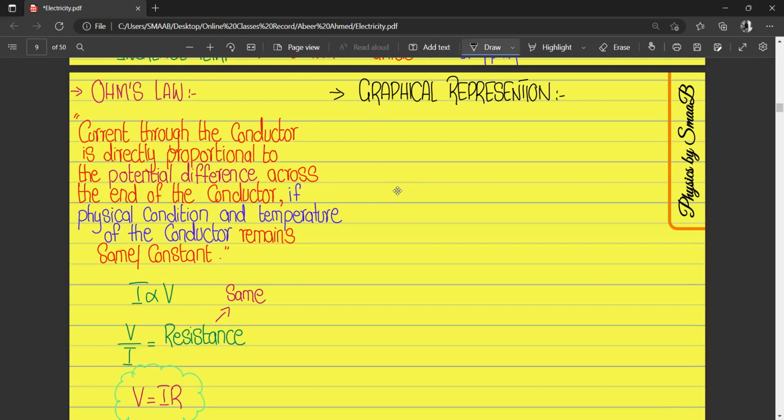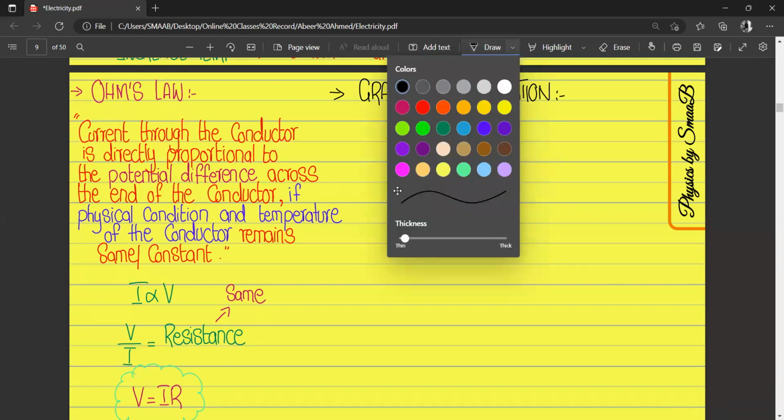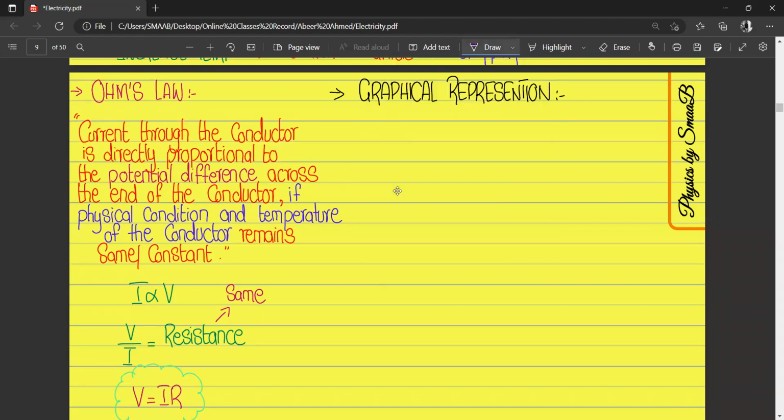Let's suppose there is a wire and current is passing through it, and there is a value of voltage and a value of electric current, and we need to draw a graph for it, and we place voltage on the x-axis and electric current on the y-axis.